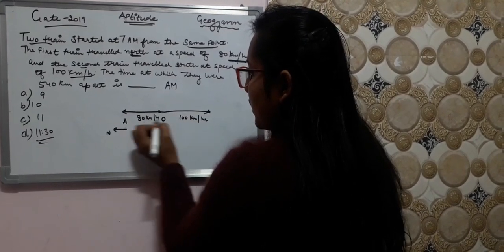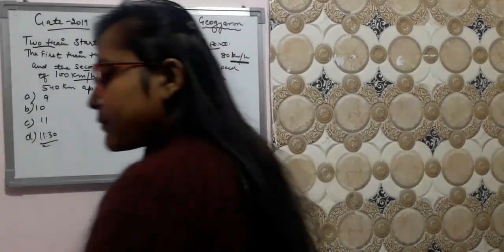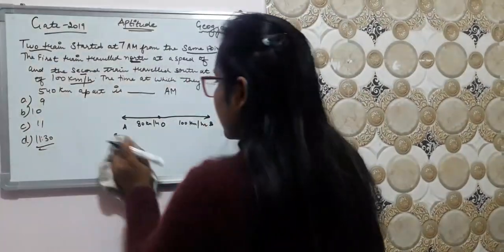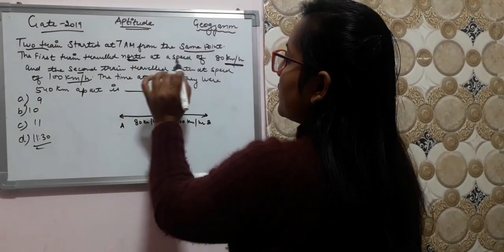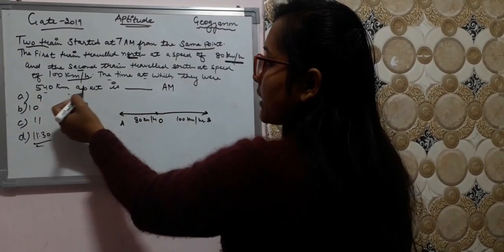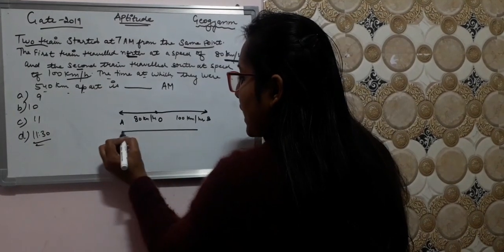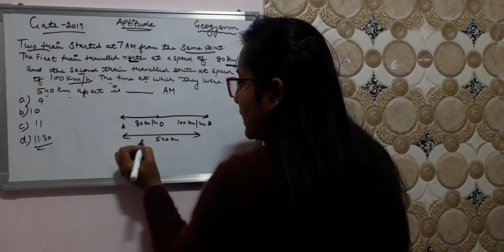Okay, so O, A and B. And what is given? The time at which they were 540 kilometer apart, we have to find the time.